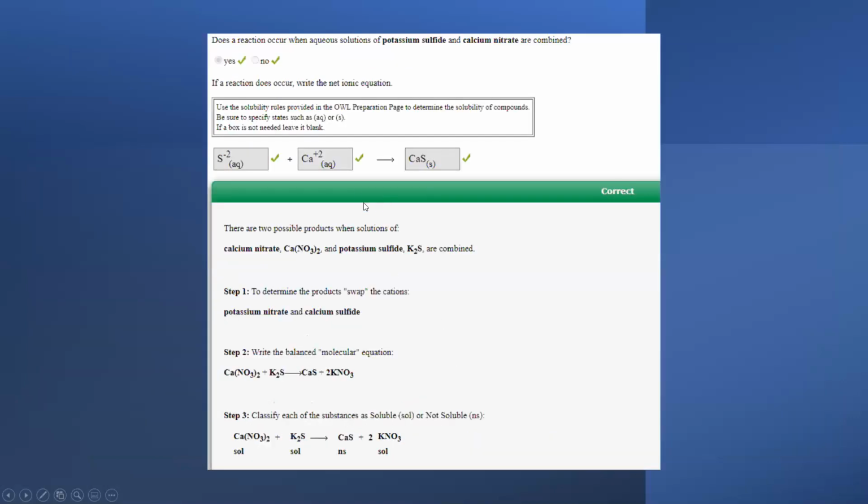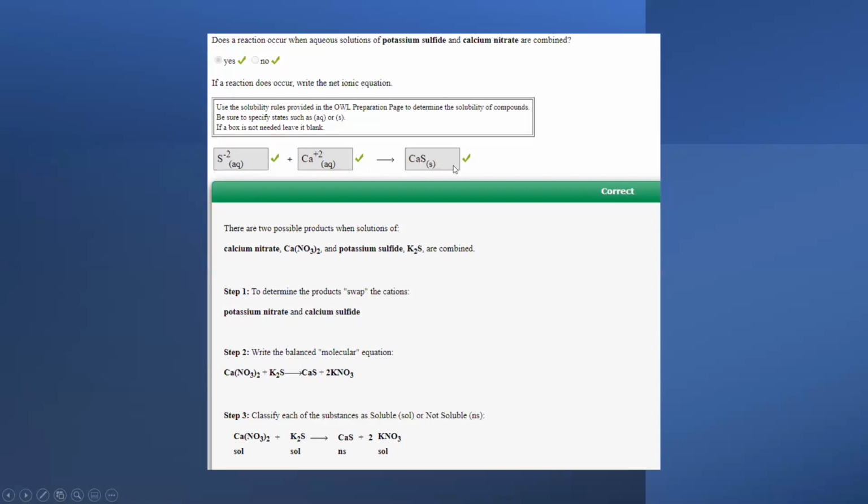In this case, you have a net ionic equation because one of the compounds that is formed by calcium and sulfide is calcium sulfide, that is a solid. And then remember the solubility rule that says that sulfides are insoluble almost all the time.